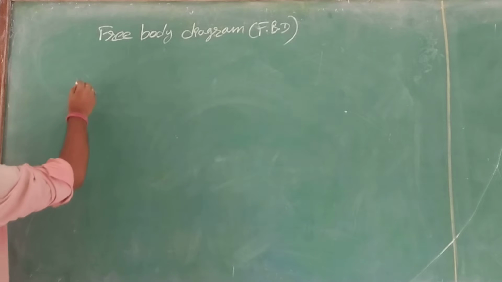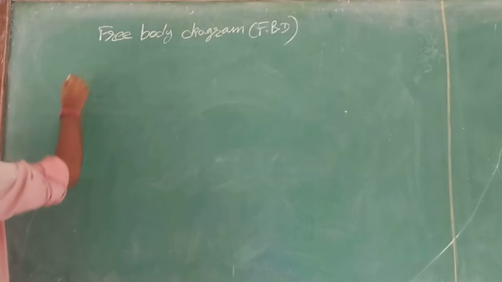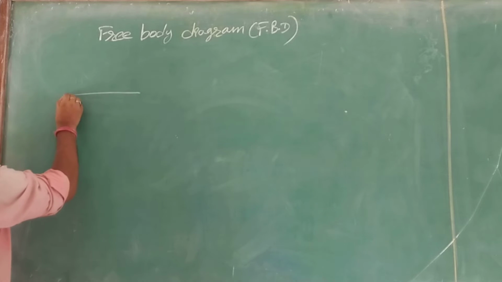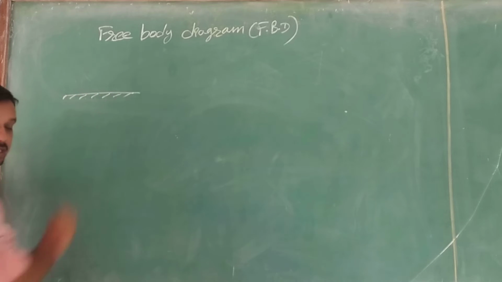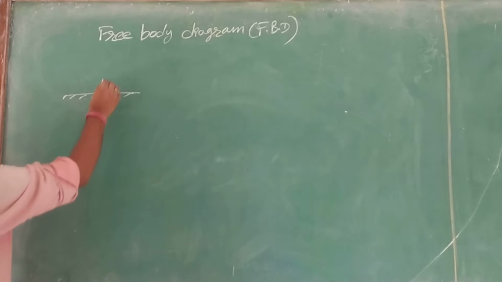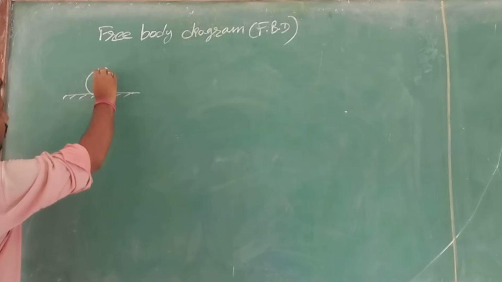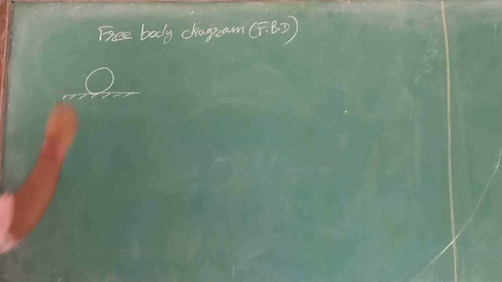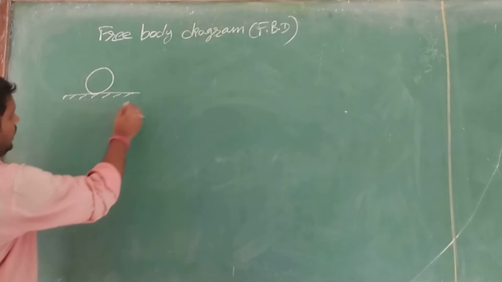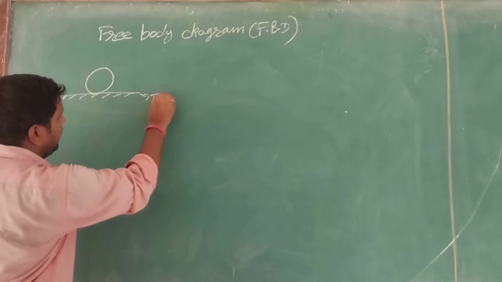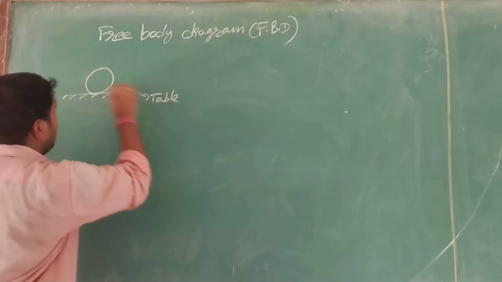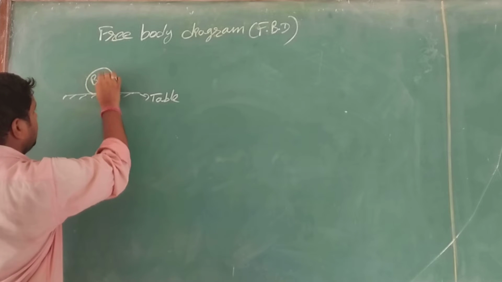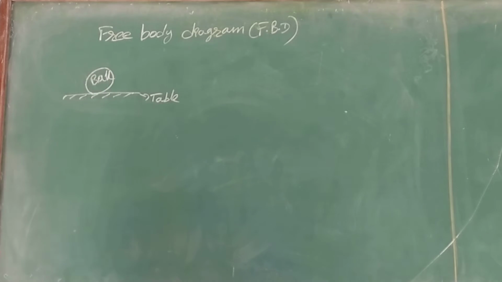See friends, let us imagine this is a table. On that table, we have a ball. This one is my table and this one is my ball.